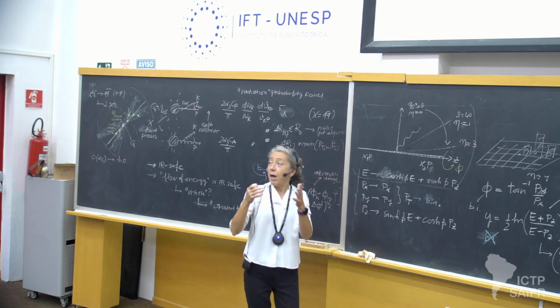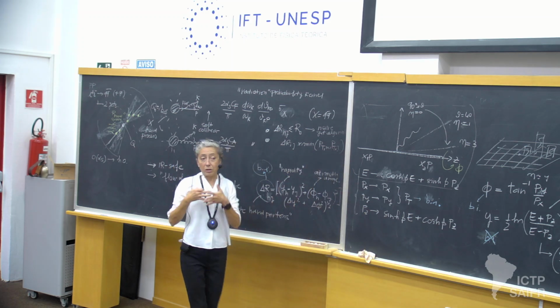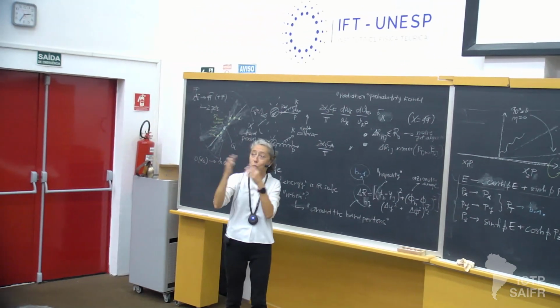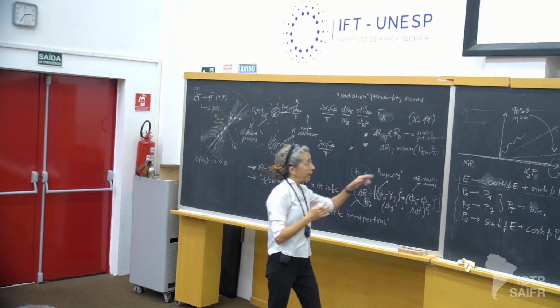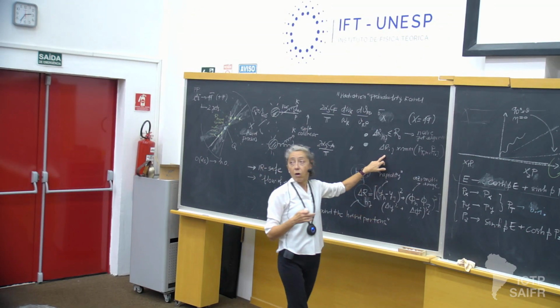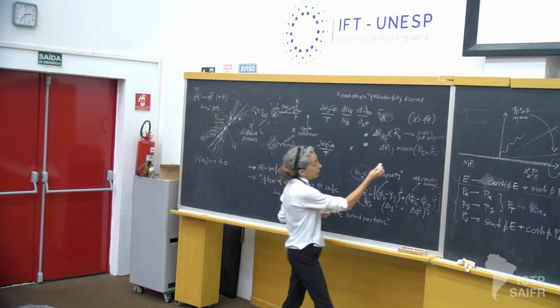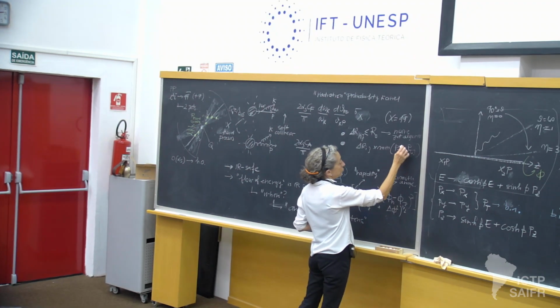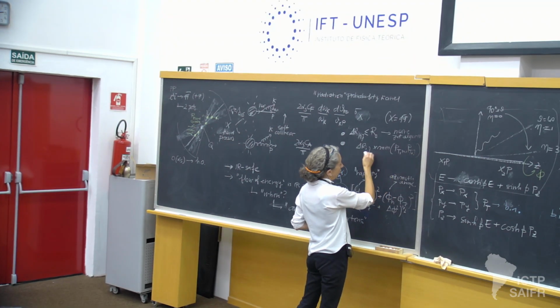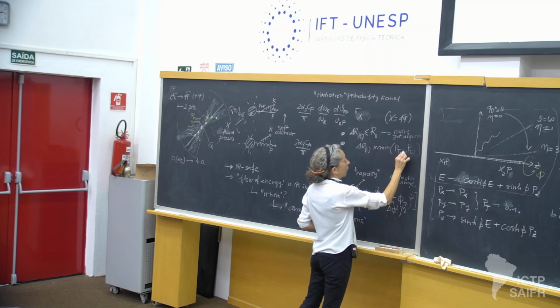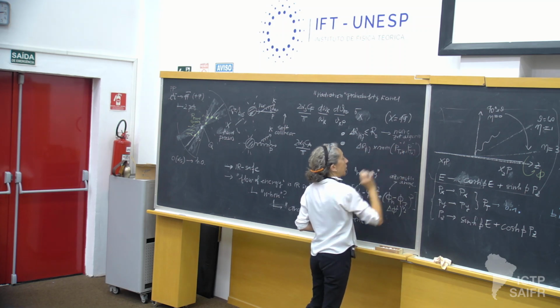Well, when you have a lot of seeds in your detector, you have to compare all of them, and you compare them with this kind of algorithm, in which the prefactor can be the minimum between the PTs of the objects that you are considering, or the inverse of the PT.